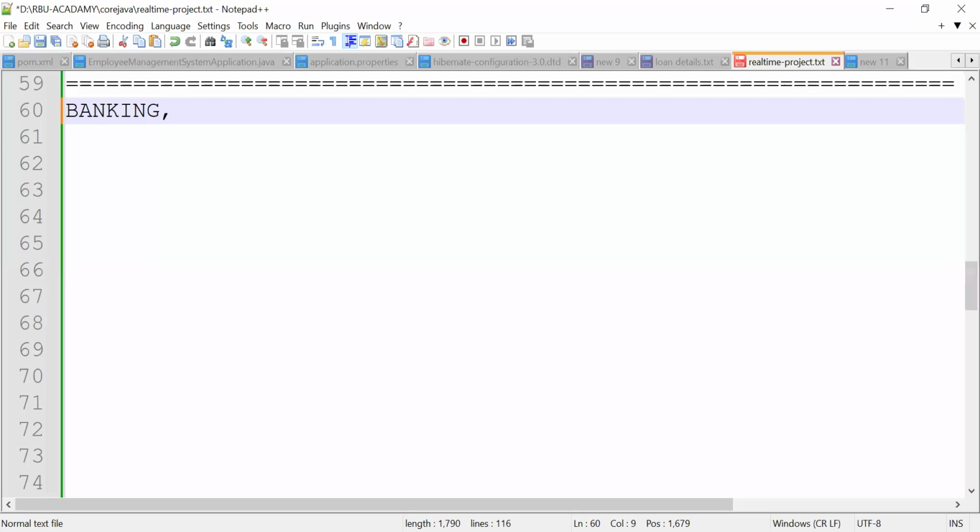Then coming to other domains, you can pick insurance. This is a bit easier, comparing with other domains.